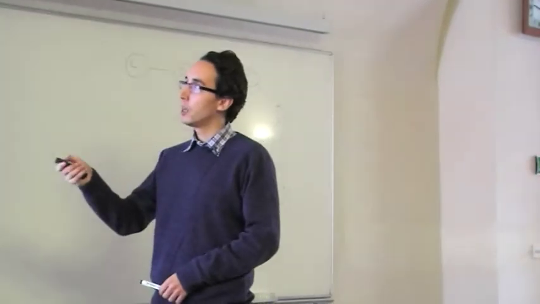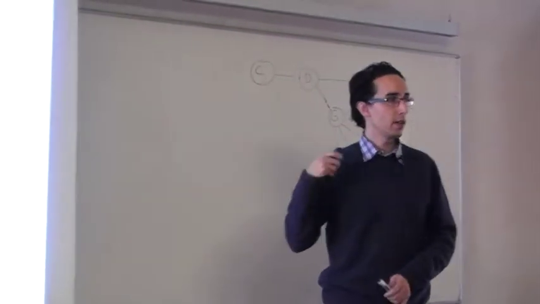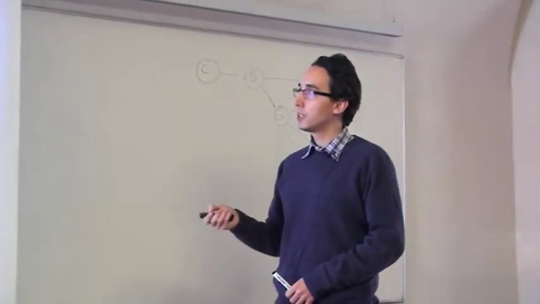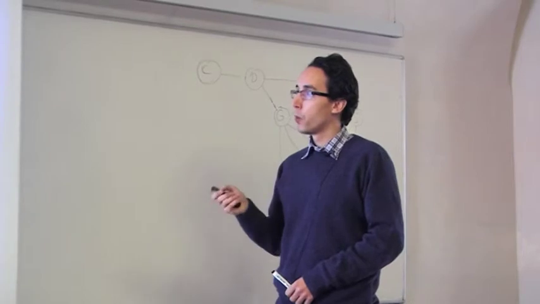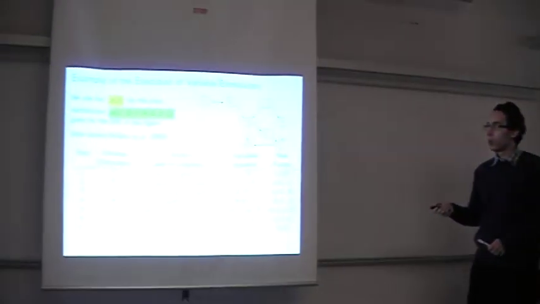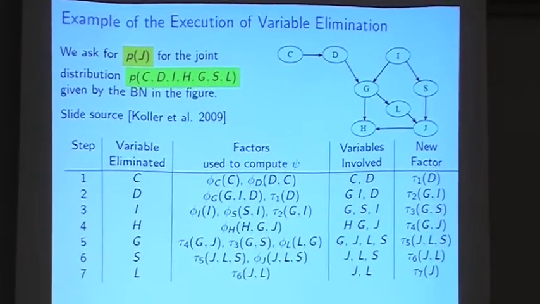Basically, what we have to do is connect two variables whenever they appear together in a factor, and this basically means that whenever we are going to eliminate a variable in a variable elimination, we will basically multiply together all the factors that depend on that variable.